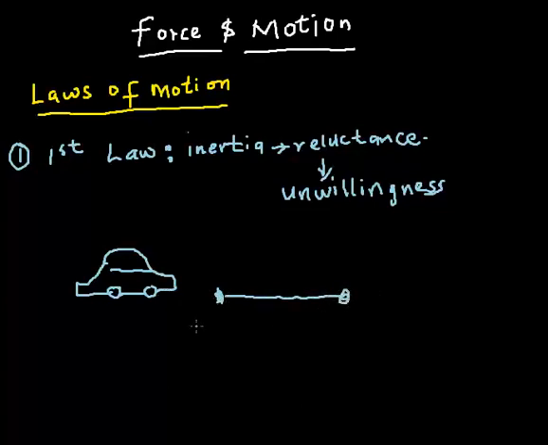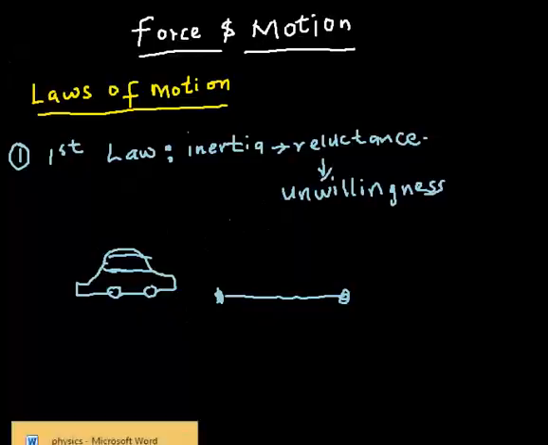That is why if you want to stop a moving vehicle, you have to apply the brake on time before you finally put it to rest. Every motion possesses a reluctance, and that reluctance is what you also see when an object wants to move. There is this unwillingness to start motion or even to stop motion. That is what reluctance is. So please take note of that.